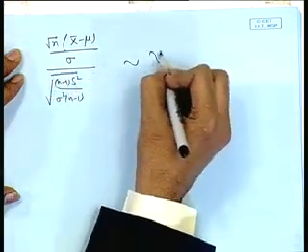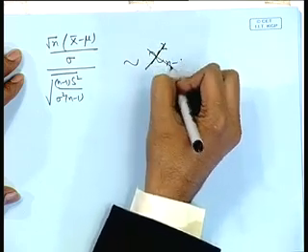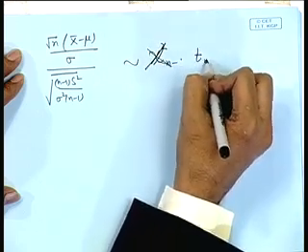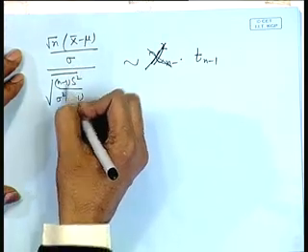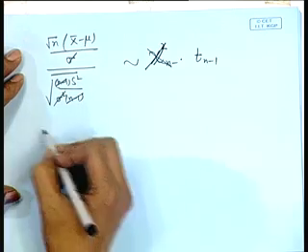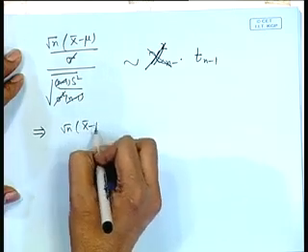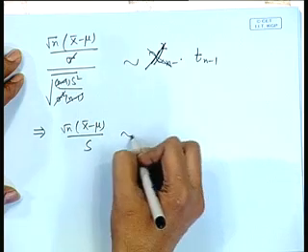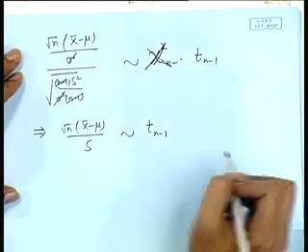This must follow, sorry, this must follow T distribution on n minus 1 degrees of freedom. Now, if you simplify this term, here n minus 1 cancels out, sigma cancels out. So, we are left with root n x bar minus mu by s. This follows T distribution on n minus 1 degrees of freedom.